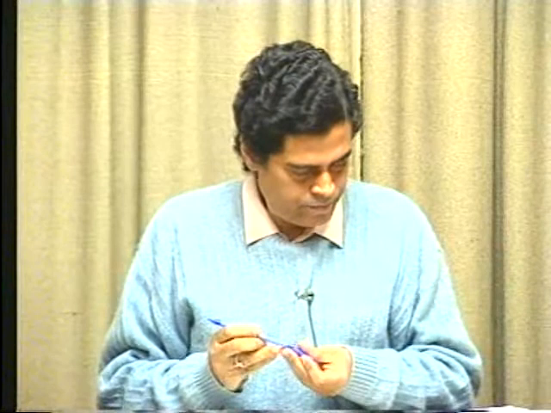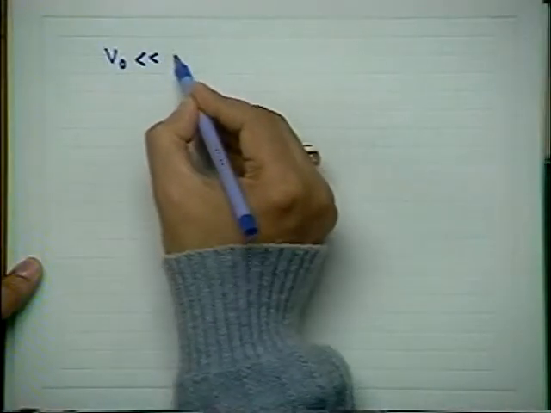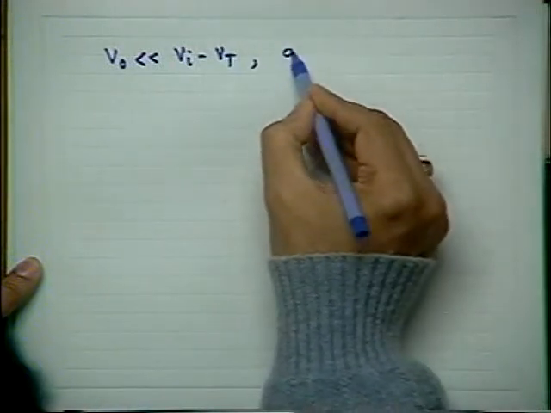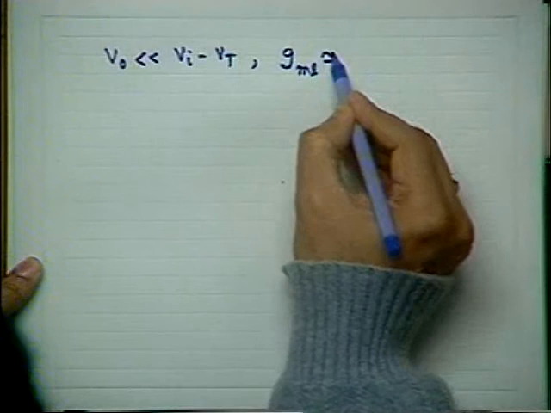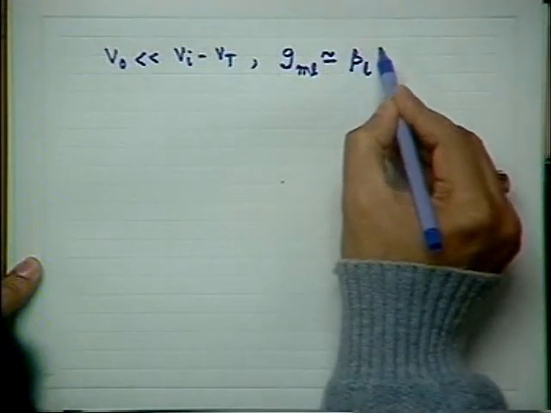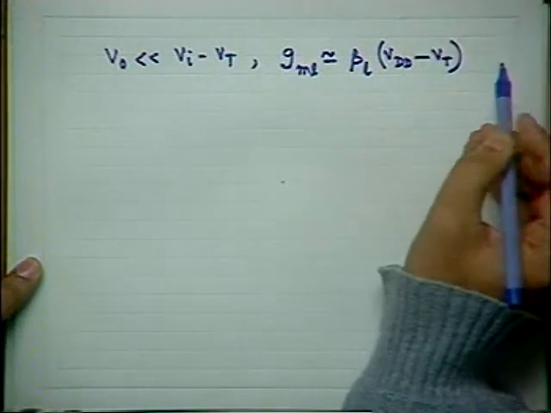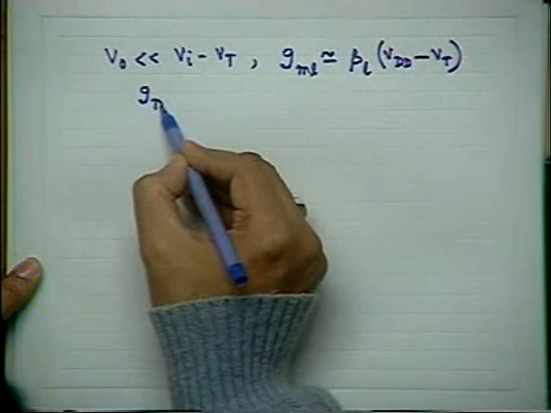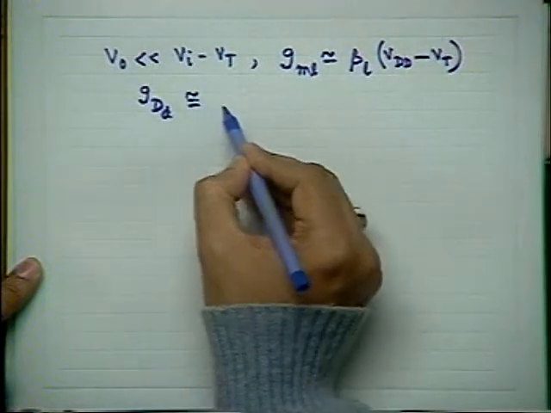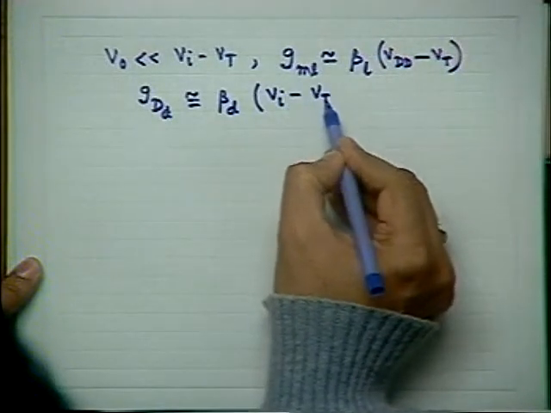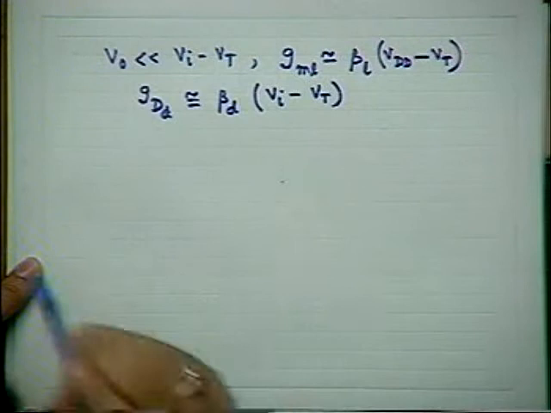And ultimately, we can also make certain more simplifications, because VO is small compared to VI minus VT, and GML therefore is approximately equal to beta L into (VDD minus VT), and GDD is approximately equal to beta D into (VI minus VT) because of this particular condition.